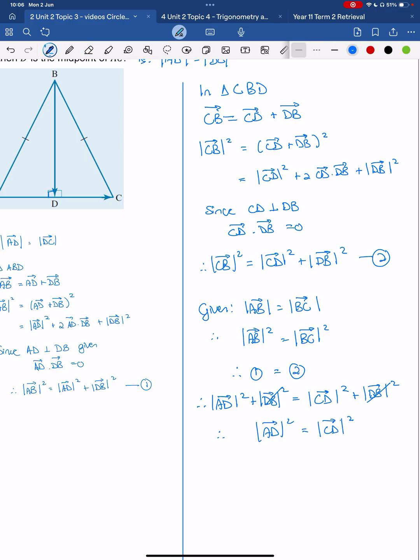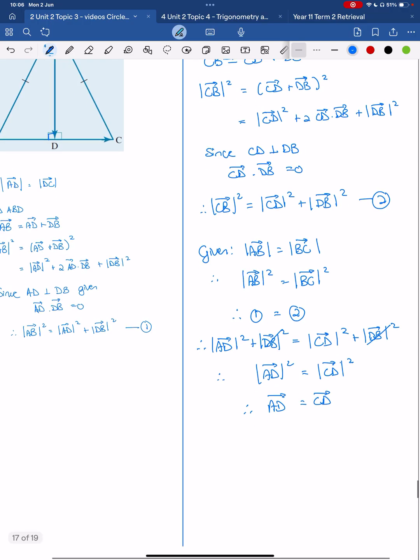And if our magnitudes squared are the same, then the magnitudes are the same. And so therefore AD has to be half of AC, and D is the midpoint of AC.